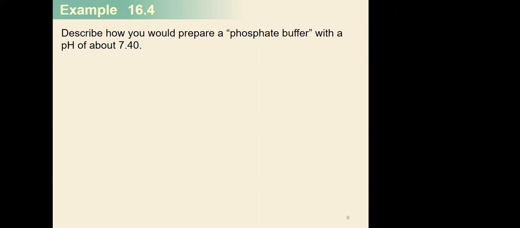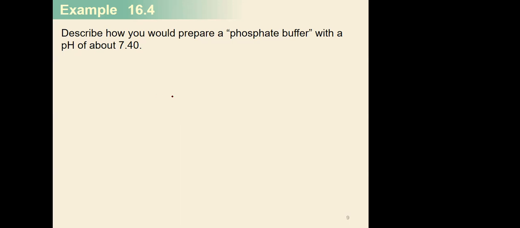To refresh you, buffers are just a solution made up of a weak acid and its conjugate salt, or a weak base and its conjugate salt. If you have a weak acid, then you have a conjugate base, and the conjugate base would come from your salt. If you have a weak base, your conjugate acid would also come from your salt.